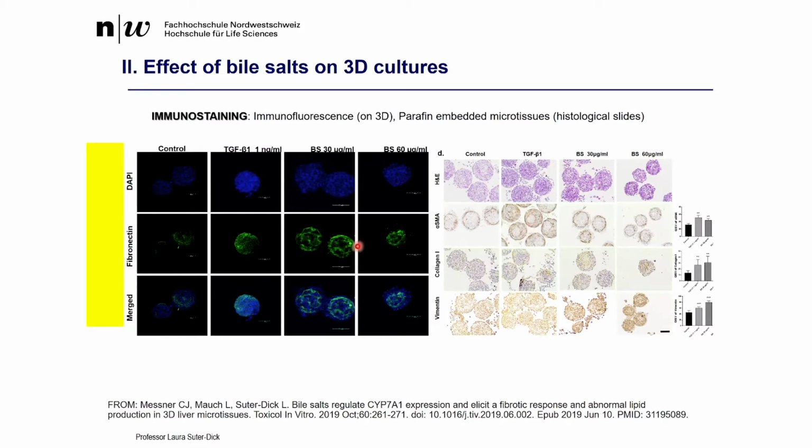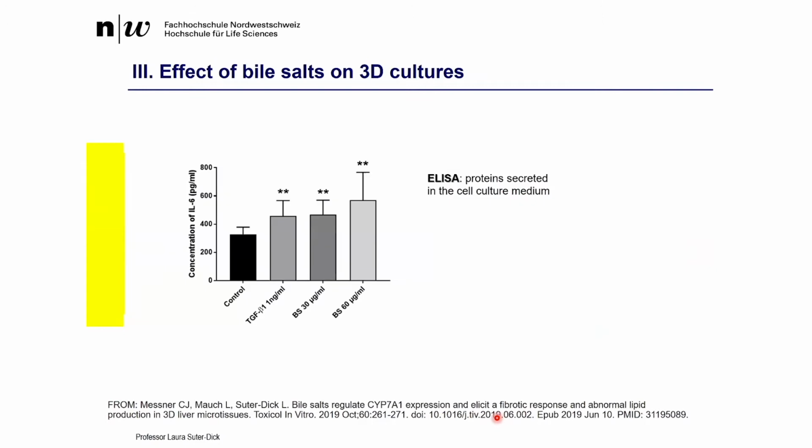So these are examples of the type of data, and if you're more interested in the background, here is the publication where this data came from our lab. I mentioned also before, we can collect the medium and see what the microtissues have secreted into the supernatant. In this case, we looked at interleukin-6 as also an inflammation marker, and we can see that TGF-beta and also bile salts induce the secretion of IL-6 into the medium.